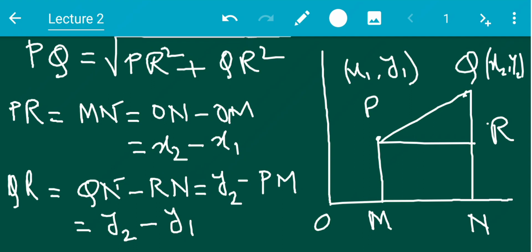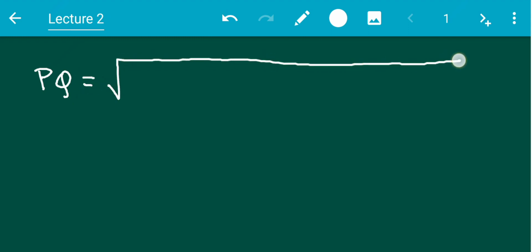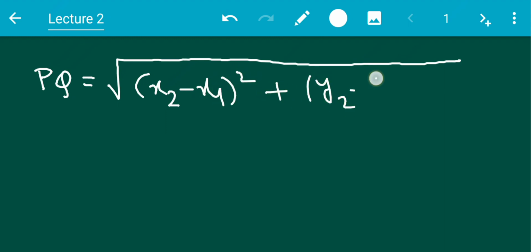So clearly we got the value of PR and QR. Putting these values in the above expression, PQ is the square root of x2 minus x1 whole square plus y2 minus y1 whole square. This is how we find PQ, and this is the famous distance formula.